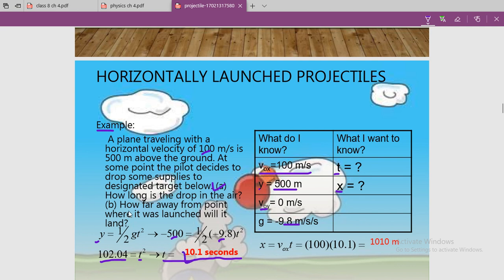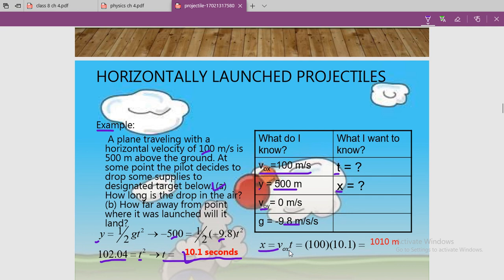Now in the second part, how far, it means we want to find the value of x. For this we have the magnitude of the horizontal velocity, that is 100 meters per second, and the time interval, that is 10.1. You can find x by using the formula x is equal to v_x into t, where this is the horizontal component, because this horizontal component remains unchanged throughout the motion.